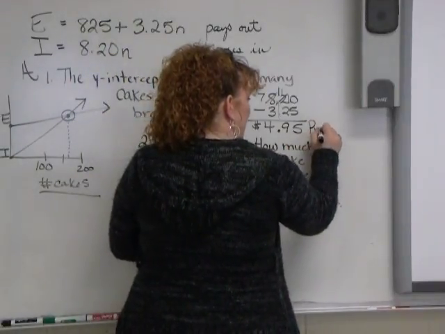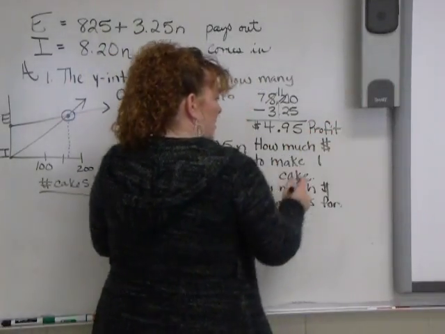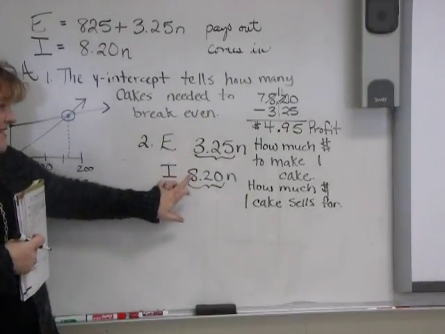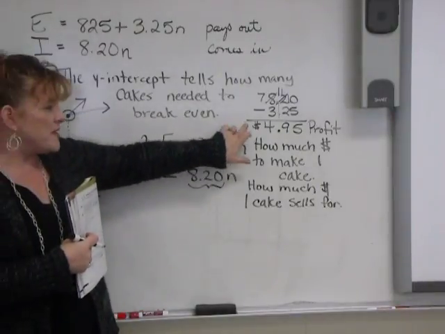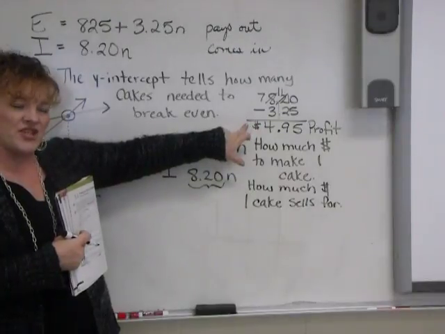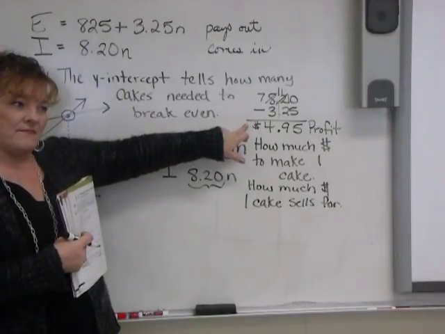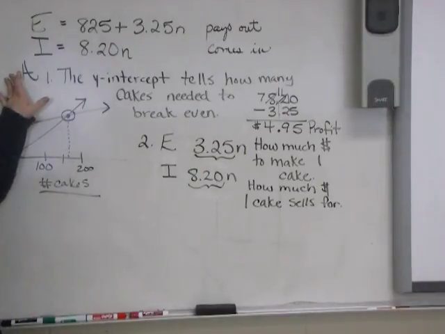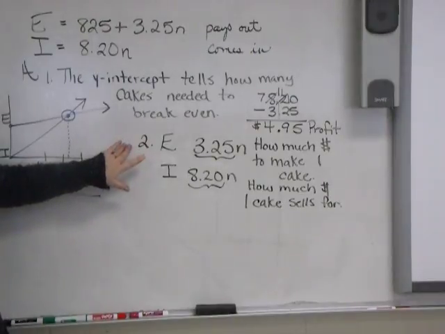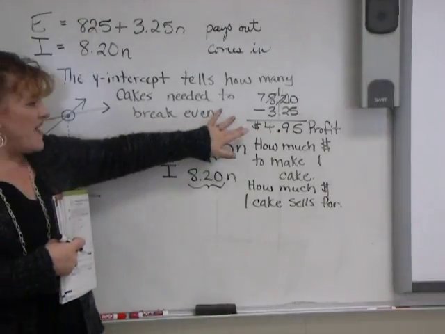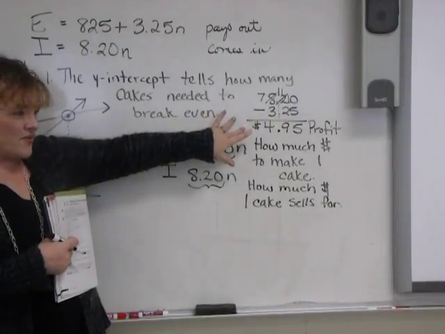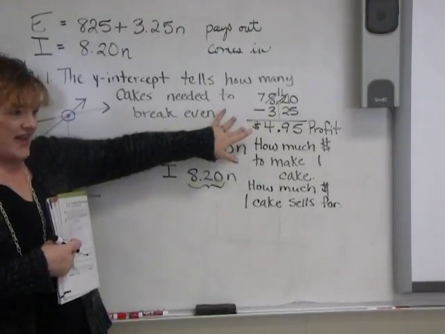This is money that I keep. If it costs that much to make one and I'm selling it for that much, I'm actually making that much money off of each cake. So this answered A1 and A2 with a little bit of extra information given, because there's going to be questions asked about that.